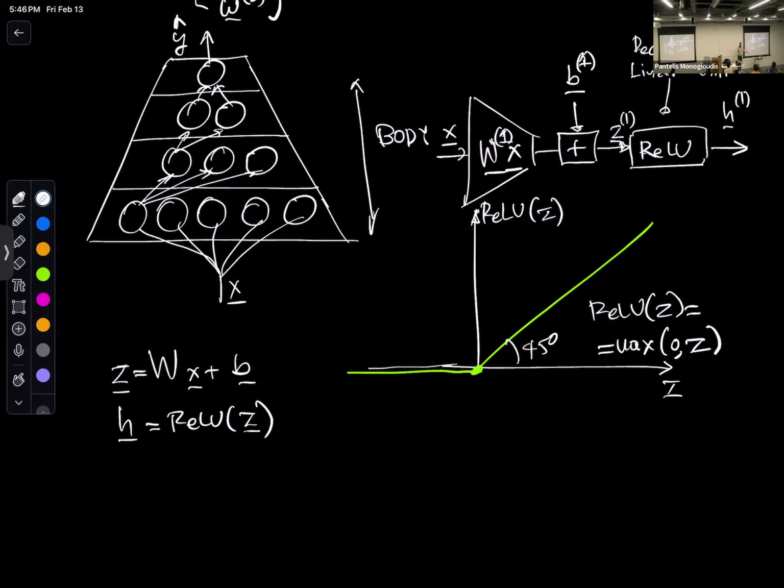When you project it to a two-dimensional space, you're doing a projection. It will be a point on the floor. You go from 3D down to 2D, a projection. Here you go from D dimensions for X down to H1 dimensions for the features which are being generated in the first layer. Are we following what's happening?